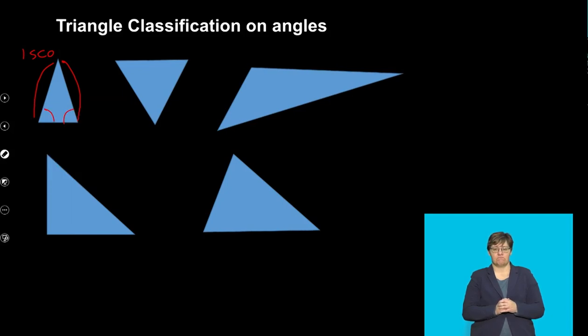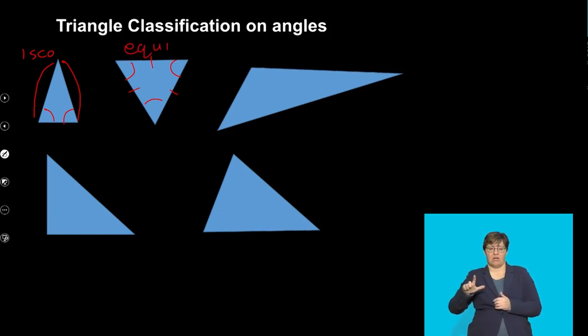Let me just leave it as iso because I won't have enough space. Then with this one, this angle, that angle, and that angle are all equal. As a result, this, that, and that will be equal. So this is therefore called the equilateral triangle, right?